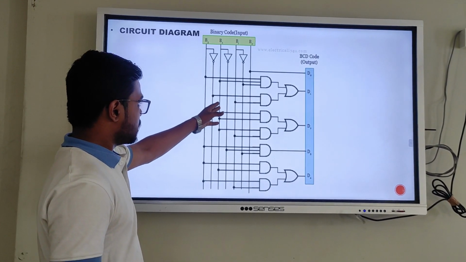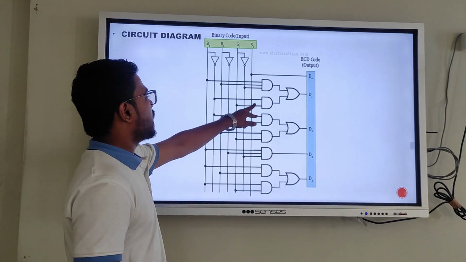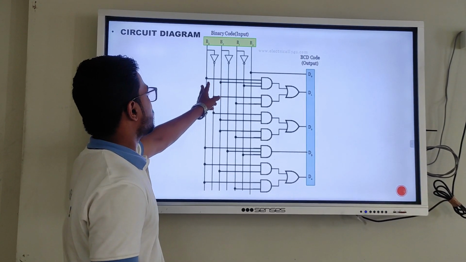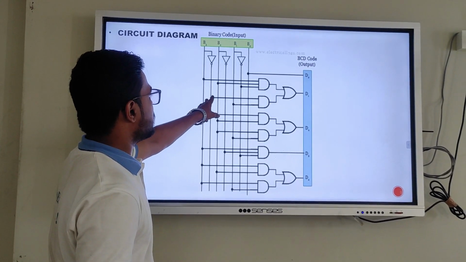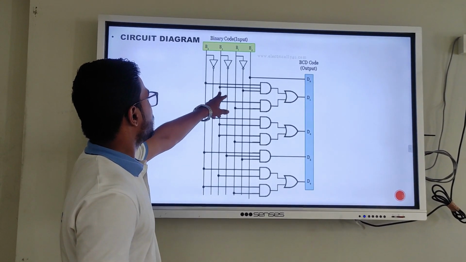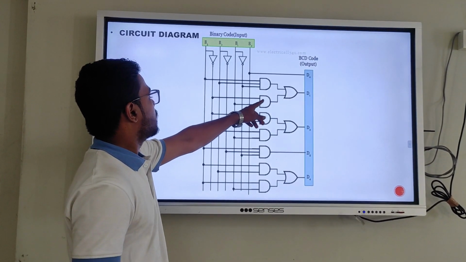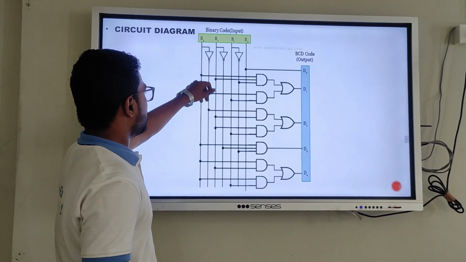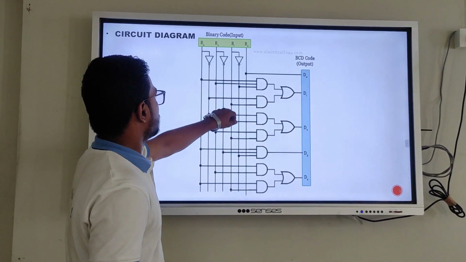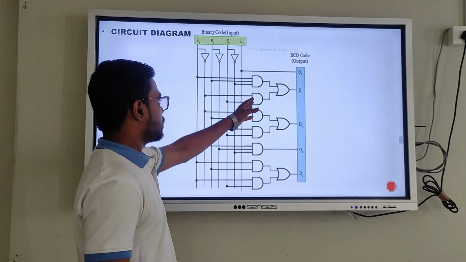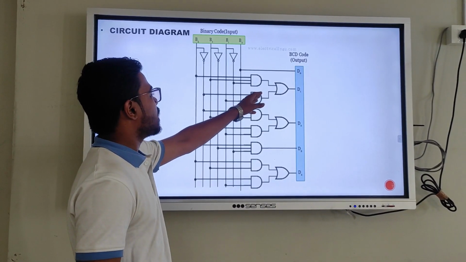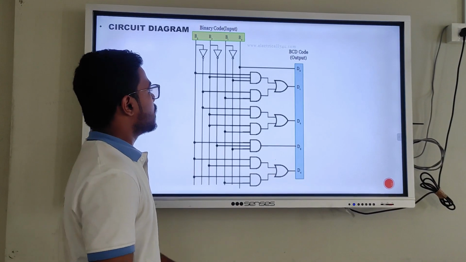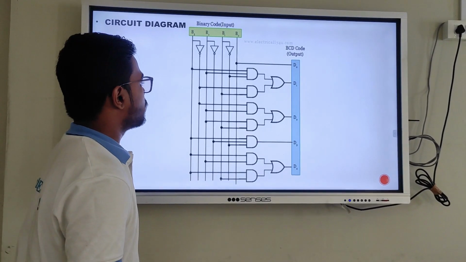For the first output D1, we take 2 AND gates. The first AND gate gets 3 inputs from B3, B2 and B1, and for the second AND gate we take inputs from B3 and B1. The outputs of the AND gates are passed to the NOR gate, and hence we get the output.